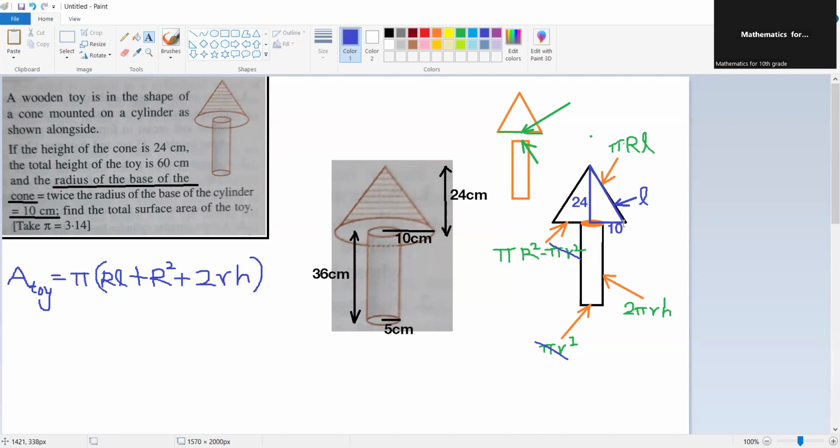So 10 square is 100 and 24 square is 576.